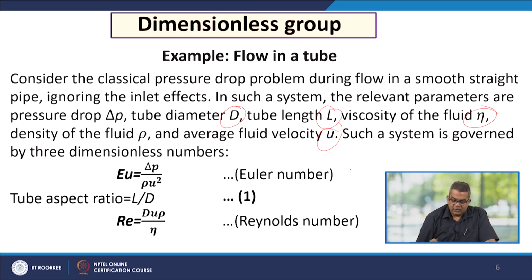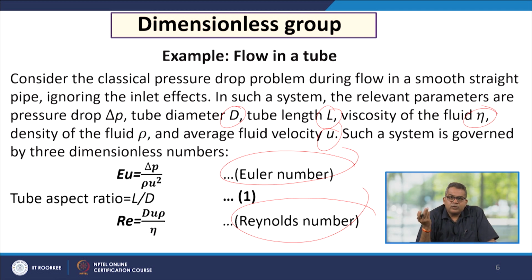One is the Euler number, Eu equals delta P over rho U squared. Then the second is the Reynolds number, Re equals D U rho over eta, and the tube aspect ratio equals L by D.